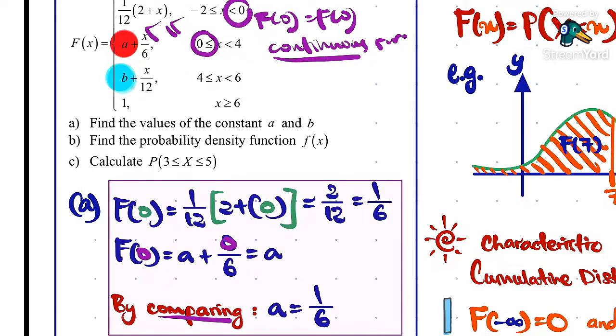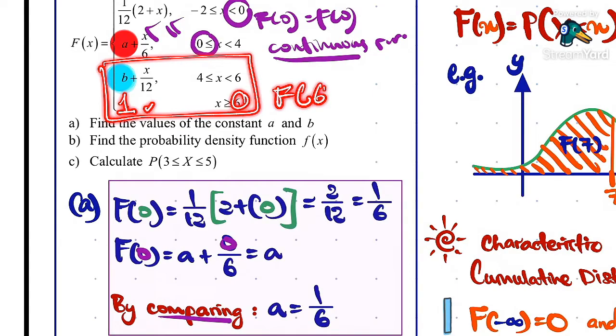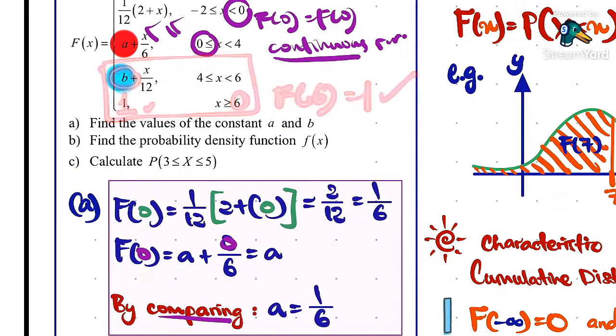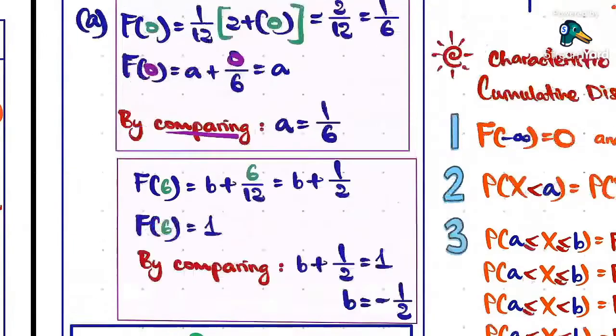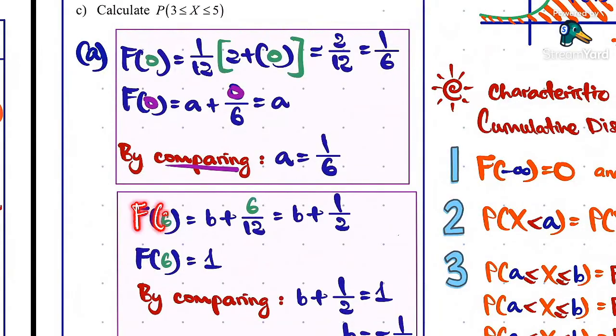I just want to use whatever I'm confirmed of, which is the value of 1 here is correct for F(6). So F(6) is 1. I'm very confirmed with it. I just want to confirm how I got this value of b. So I do a comparison from this F(6) here.